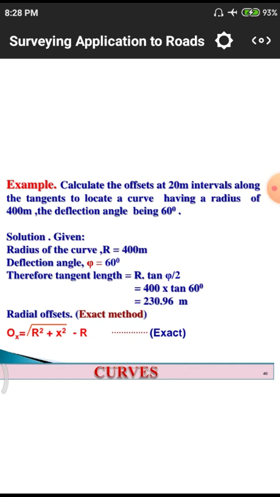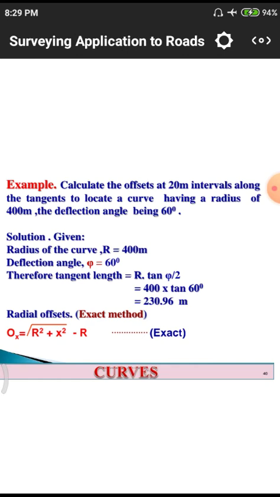The solution: radius equals 400 meters, which is nearly half a kilometer, that means 500 meters is half a kilometer, and we have 400 meters. The deflection angle phi equals 60 degrees, that means the total deflection equals 60 degrees, so we get an equilateral triangle, 60, 60, 60.